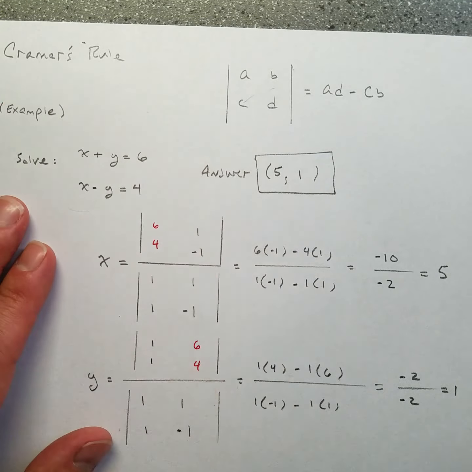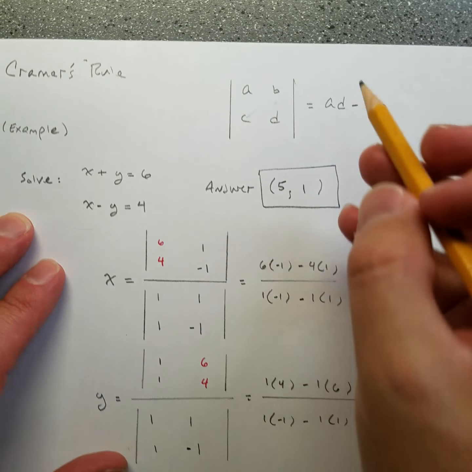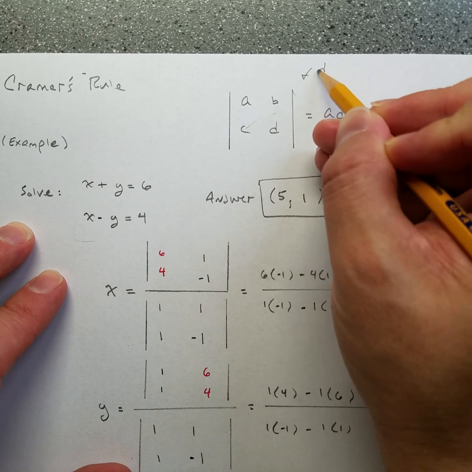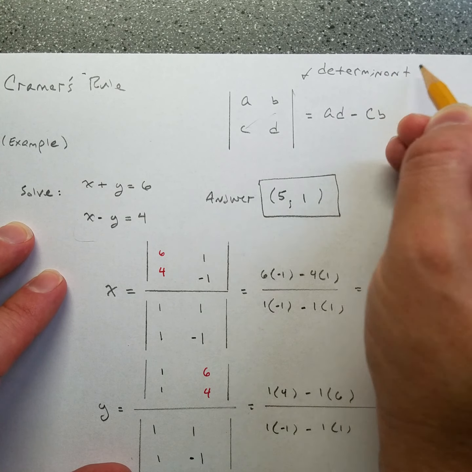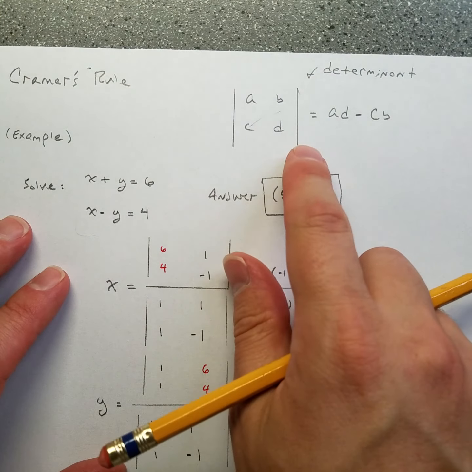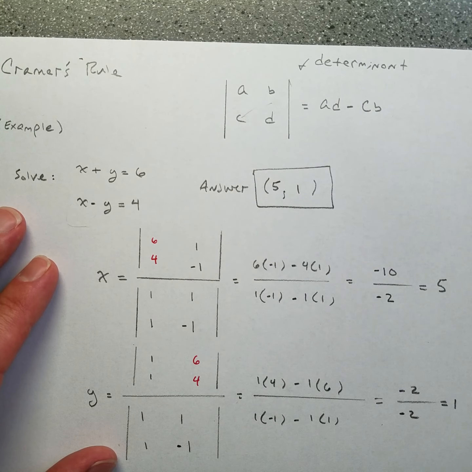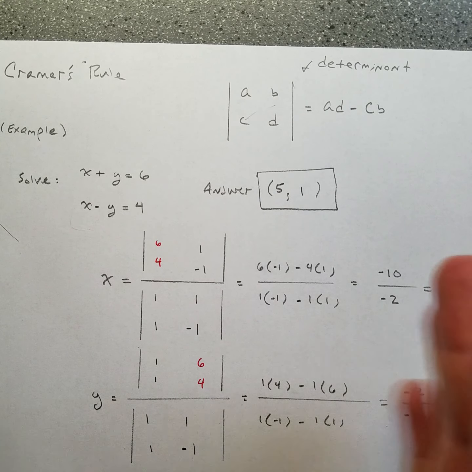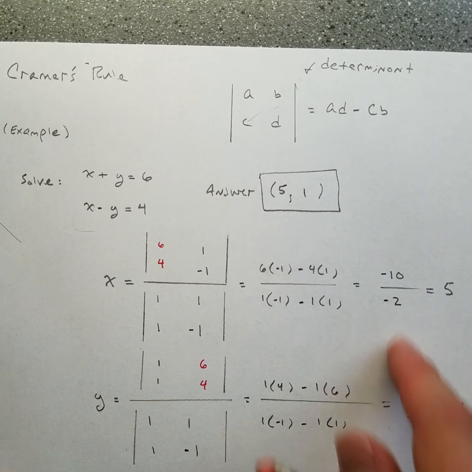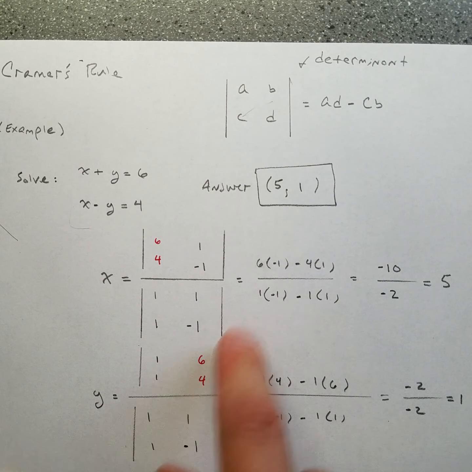But if you see problems that say use determinants, that is called a determinant right here. Okay? And this method otherwise is called Cramer's rule. Okay, so you see problems that use terminology like that. The math is not hard. All you see right here is how you arrange everything and do the calculations.